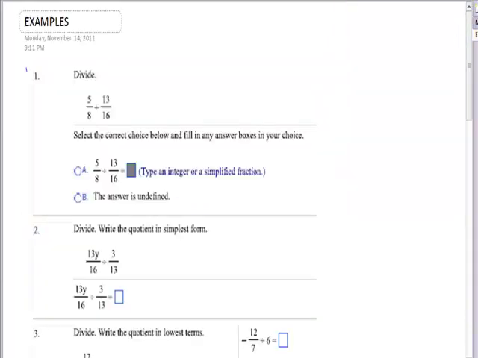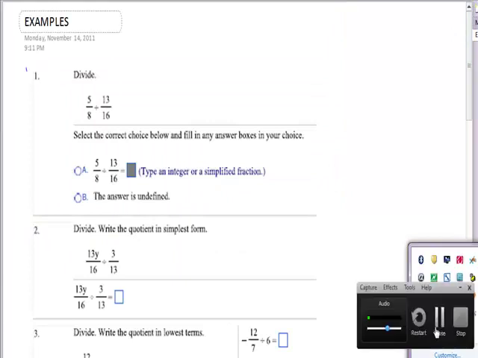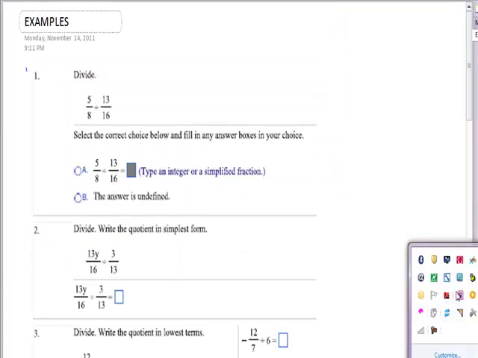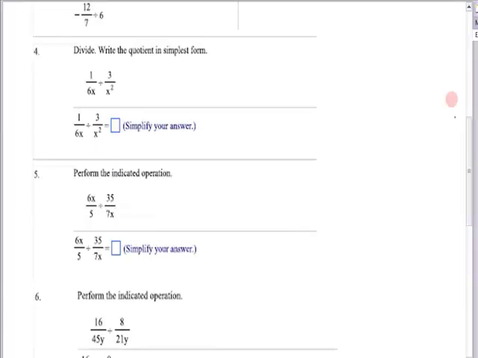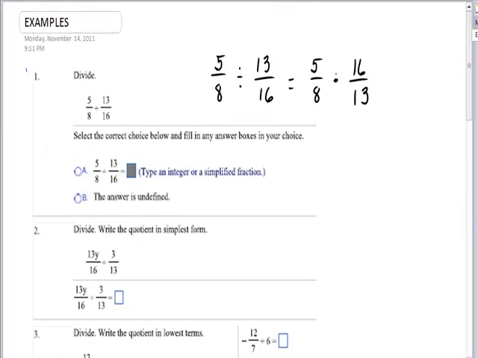Let's look at some examples. All right, first problem we have is 5/8 divided by 13/16. The rule for division: keep 5/8, change to multiplication, flip the second fraction. Keep, change, flip. Now that it has multiplication, it has the knot of the bow tie, so we're actually going to do our bow tie.